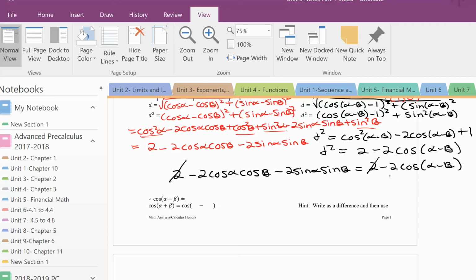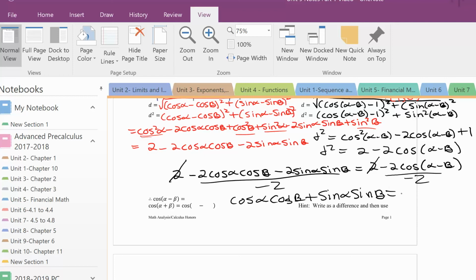And then if I divide by -2, everything, so I get cosine alpha cosine beta plus sine alpha sine beta. That is equal to cosine alpha minus beta. So there's our formula for cosine alpha minus beta: cosine alpha cosine beta plus sine alpha sine beta.